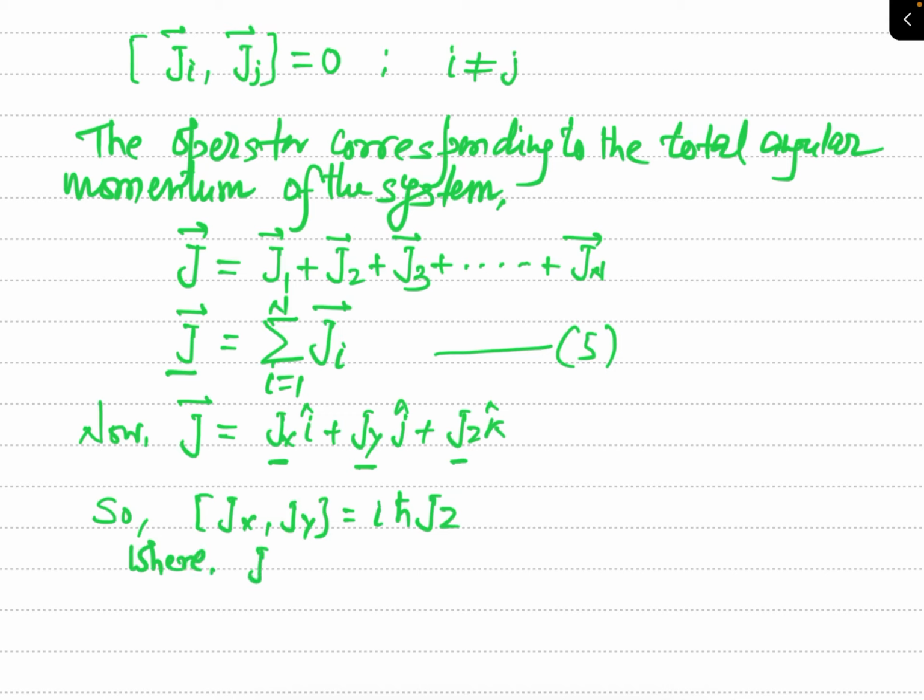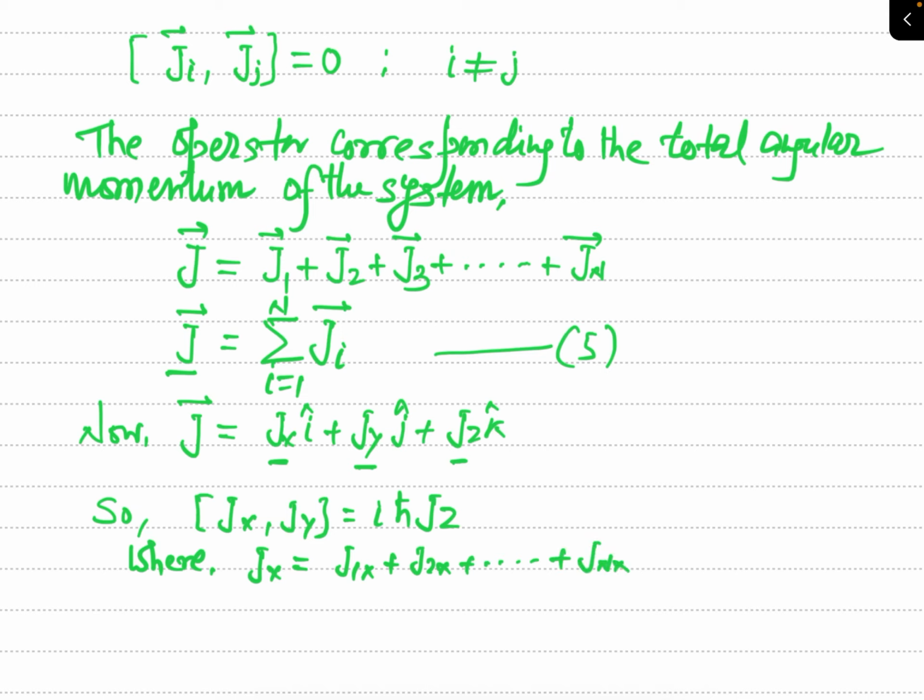When you say Jx, this is the operator corresponding to the x component of the total angular momentum of the system. So this Jx will be equal to J1x plus J2x plus so on plus Jnx.